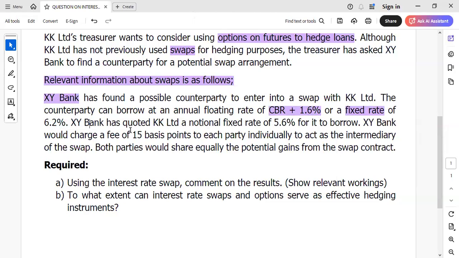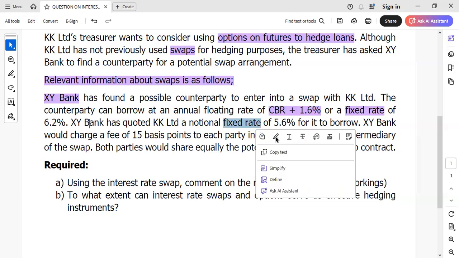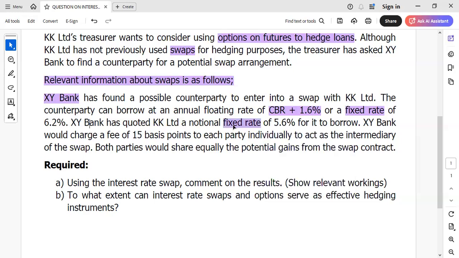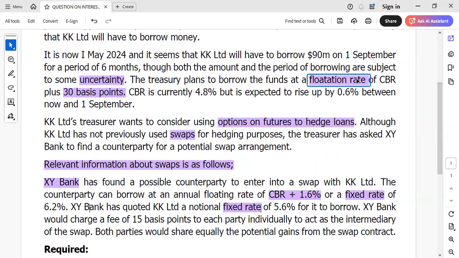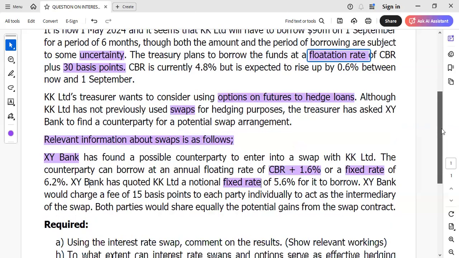So here we are told that XY Bank has quoted KK Limited a notional fixed rate. So you have a fixed rate of the company hedging, that is KK, which is 5.6% for it to borrow. Remember, we had seen the floating rate for KK: as they plan to borrow, the funds will be at a floating rate of CBR plus 0.3%.